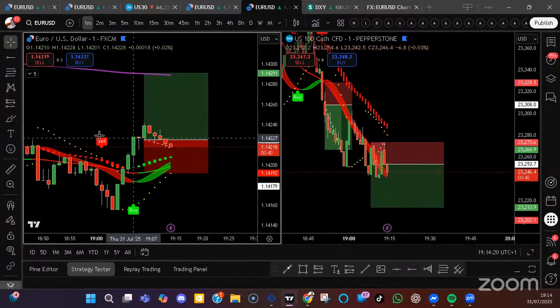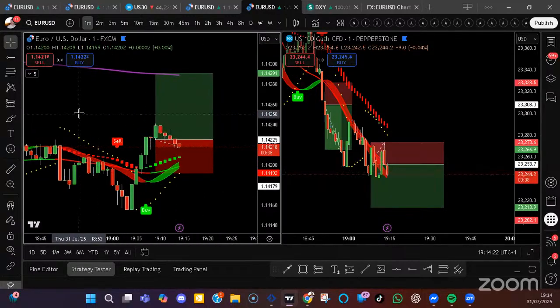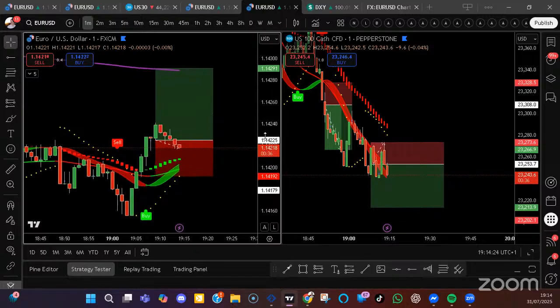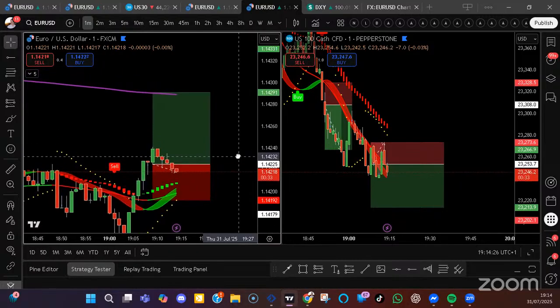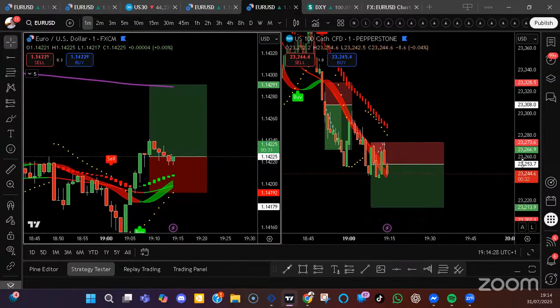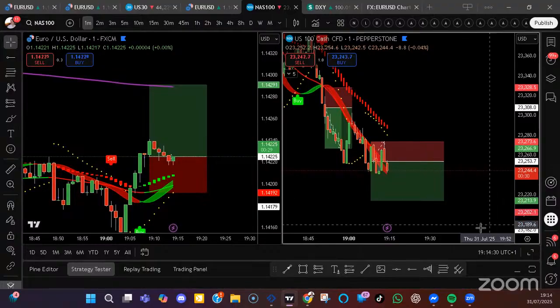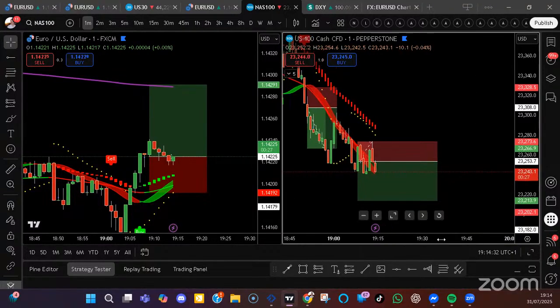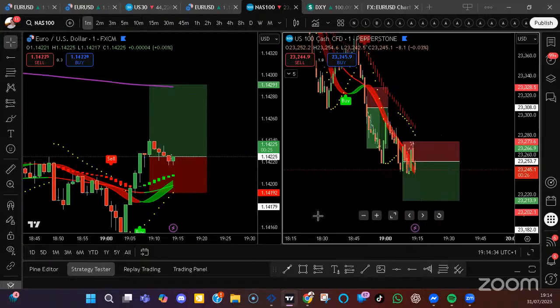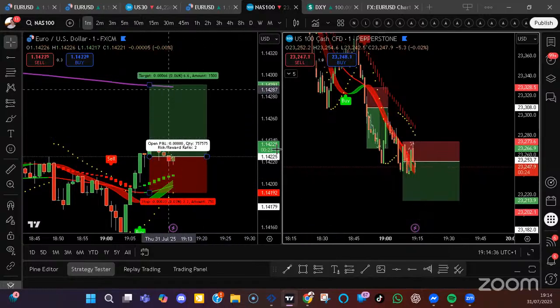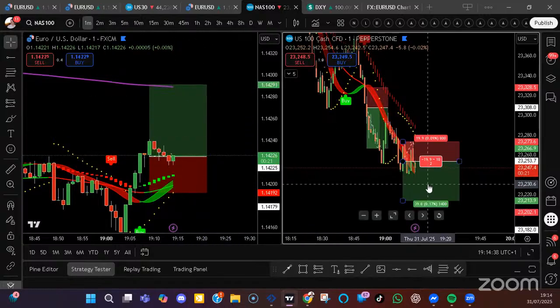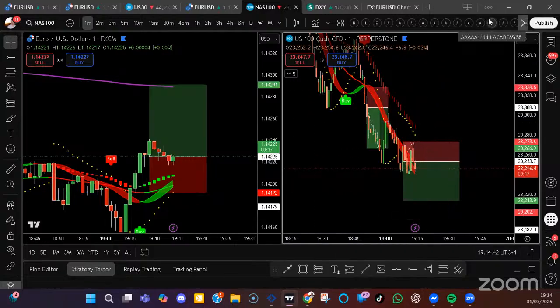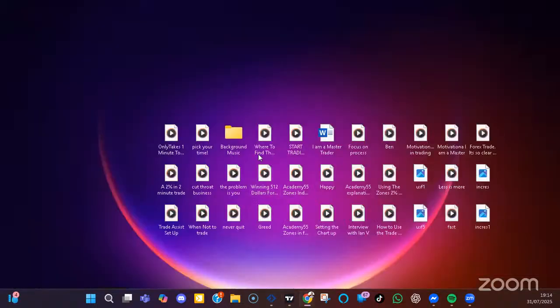We're paper trading EUR USD. Sod's law would indicate that this probably will get to 2%, and this one will fail abysmally. But there we go. That's the way it goes. So just time to play this now.